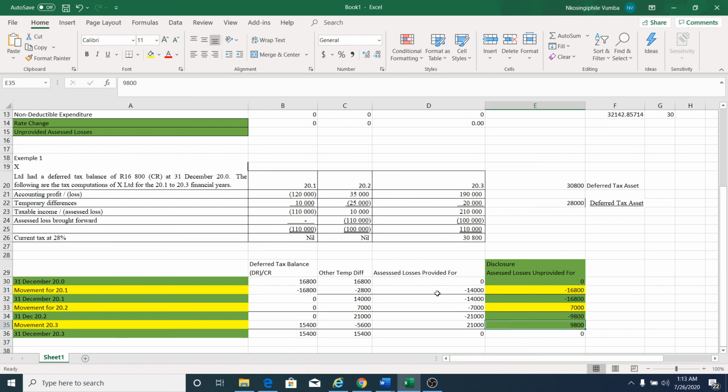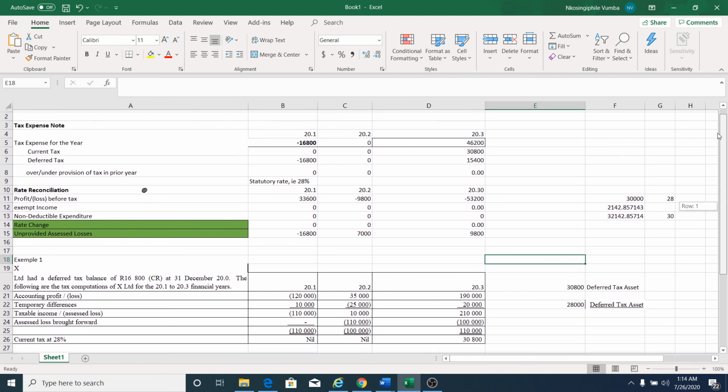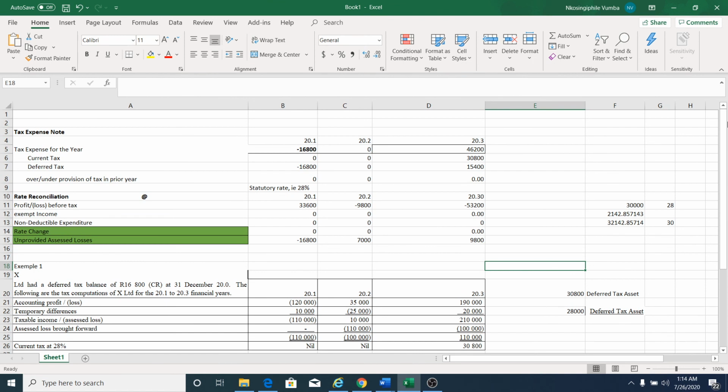So for 20.1, here's our movement, 16.8, as it is 16.8. For 20.2, plus 7,000. For 20.3, plus 9.8. And then your disclosure is proper and done.